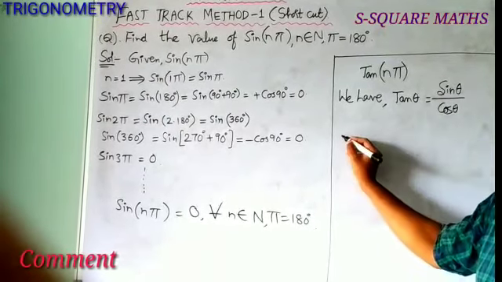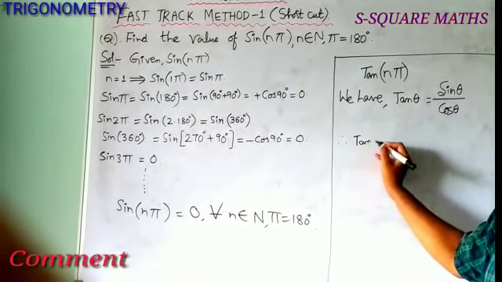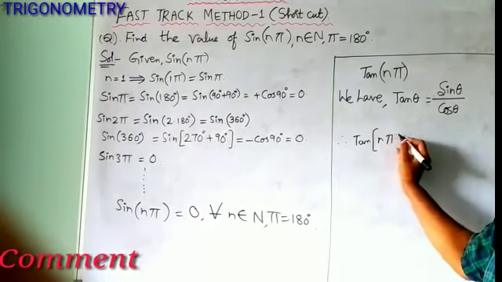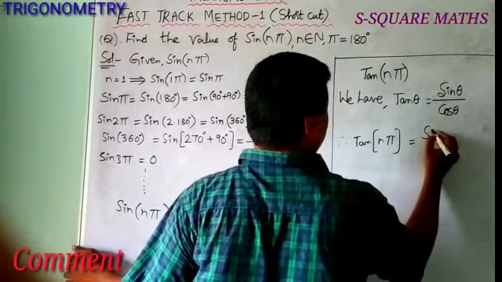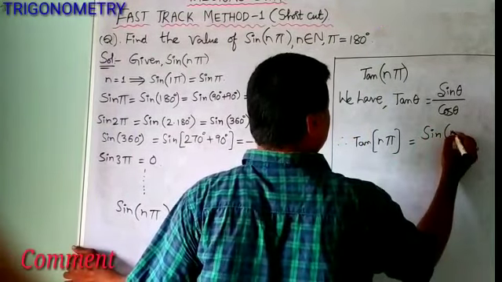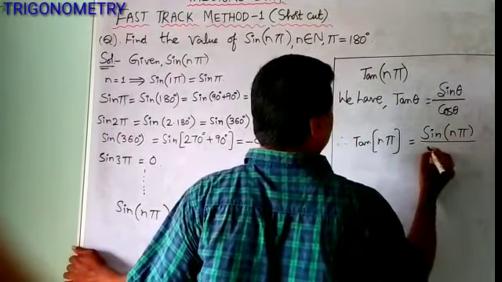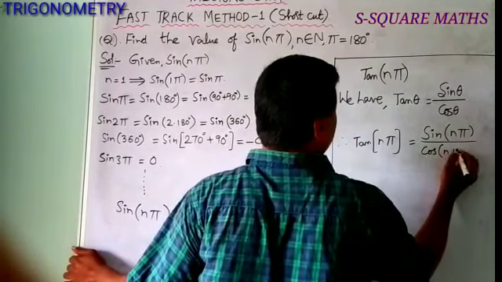So we can generalize that tan of n pi is nothing but sine of n pi by cos of n pi.